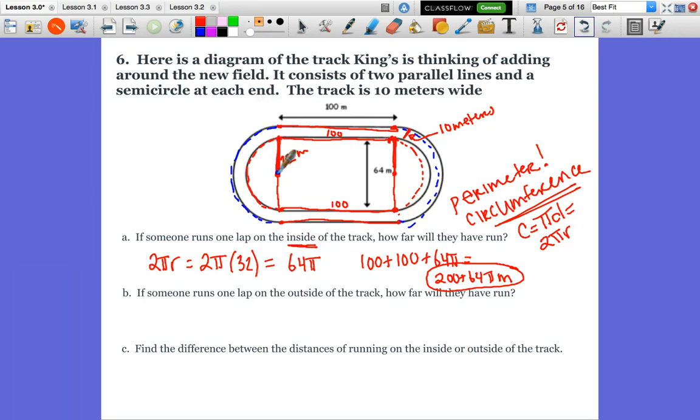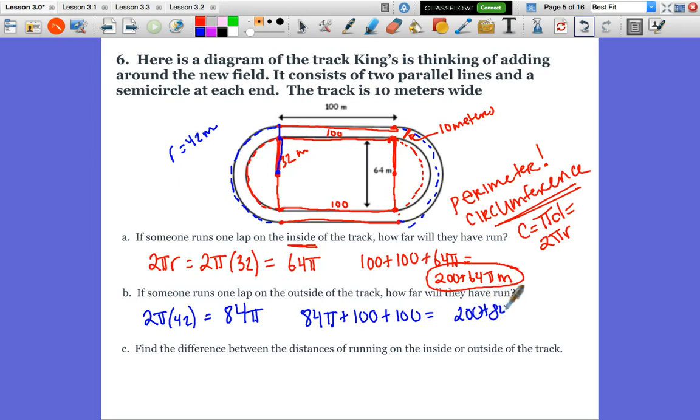So I know from here to here is 32, and I'm going 10 further. So my radius is 42. Right, so now I'm going to do, well, 2 pi times 42, which is going to give me 84 pi, and that will account for both halves. And then I can do 84 pi plus 100 plus 100, and I'm going to get 200 plus 84 pi meters.